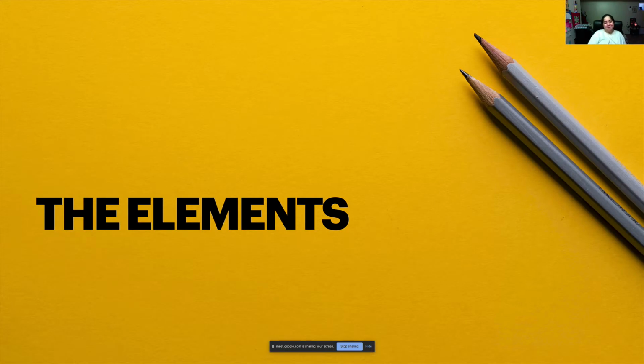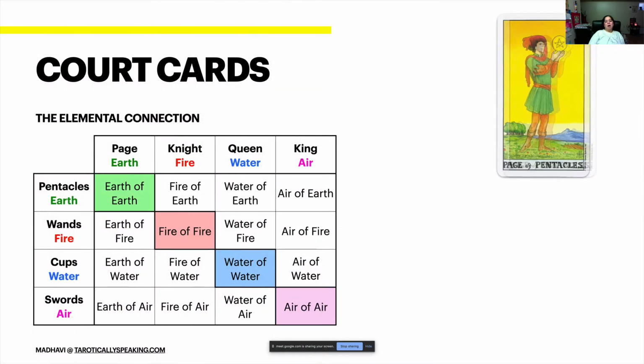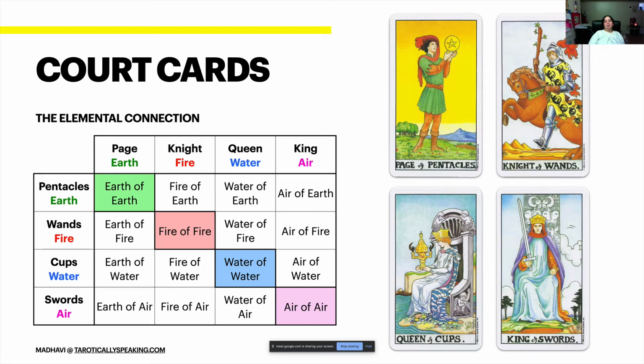But this is the fun part, the elements, right? Because our court cards belong to four different suits, there's also that beautiful element aspect that comes into play. Remember, I told you there's a common thread between the court cards of each suit, and that is the element.